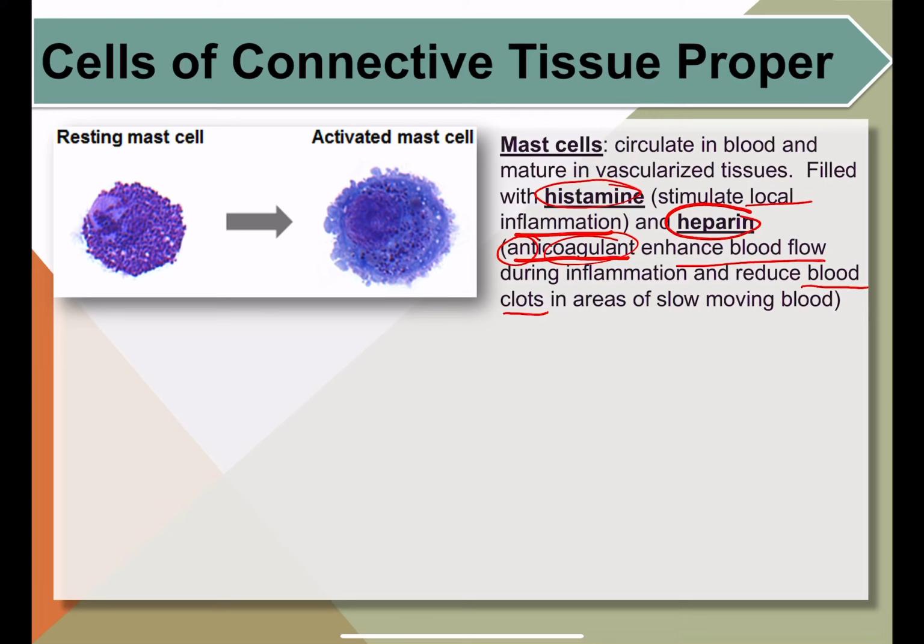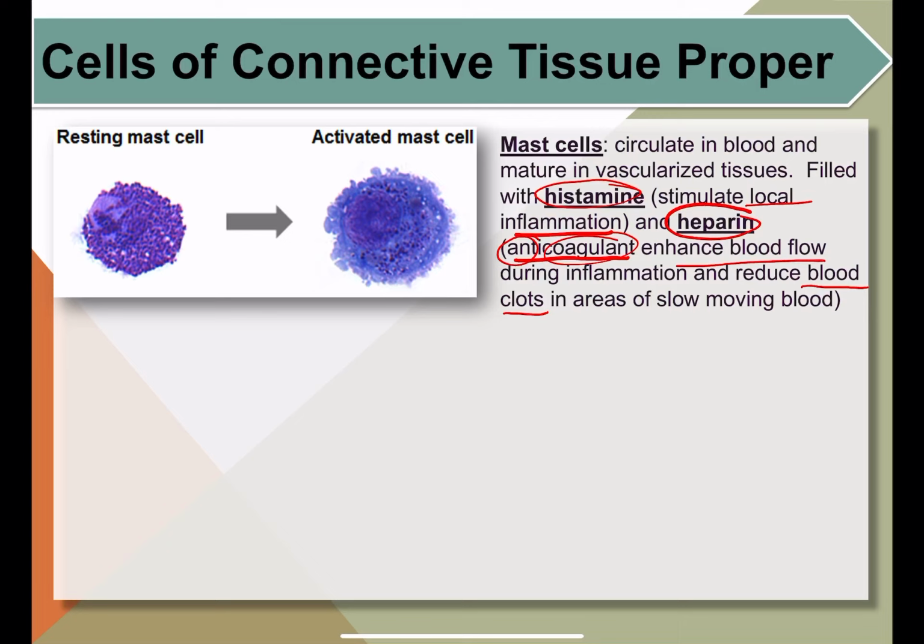Sometimes there are clotting factors, of course. For example, if you cut through your skin, a blood vessel is torn and blood starts seeping out of it. One of the first things your platelets do, not plasma, platelet cells, is close up the wound, and they do that by releasing clotting factors.